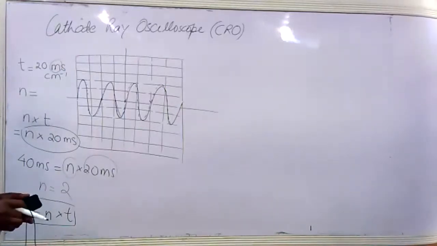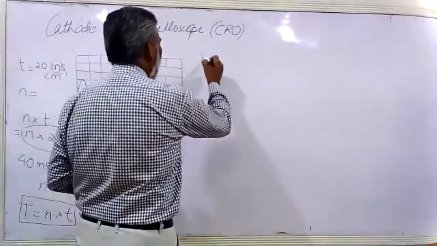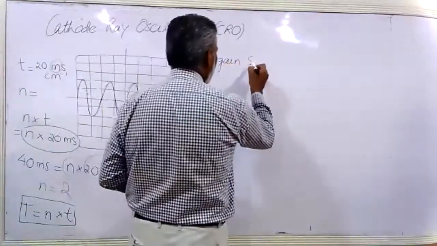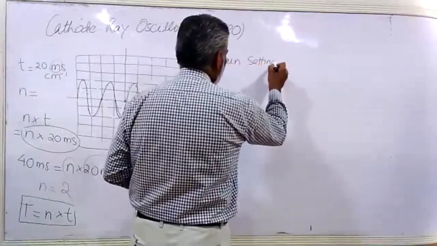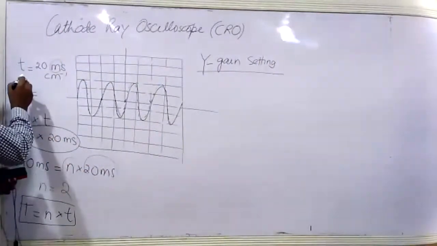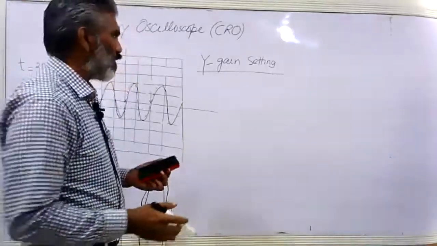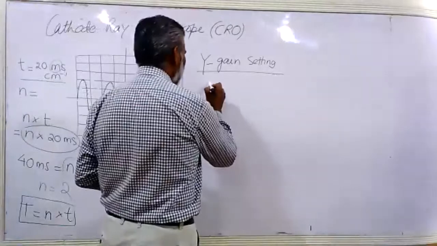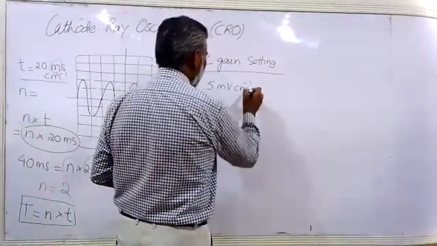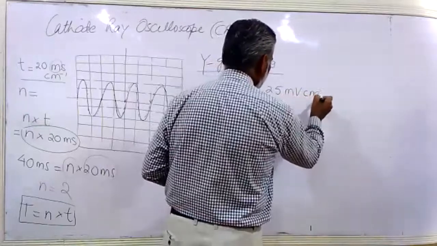Let's come to the second part, in which we talk about Y gain setting. Y gain setting, like time-base setting, has certain options to choose from, and this usually ranges between 5 millivolt per centimeter to 25 millivolt per centimeter.